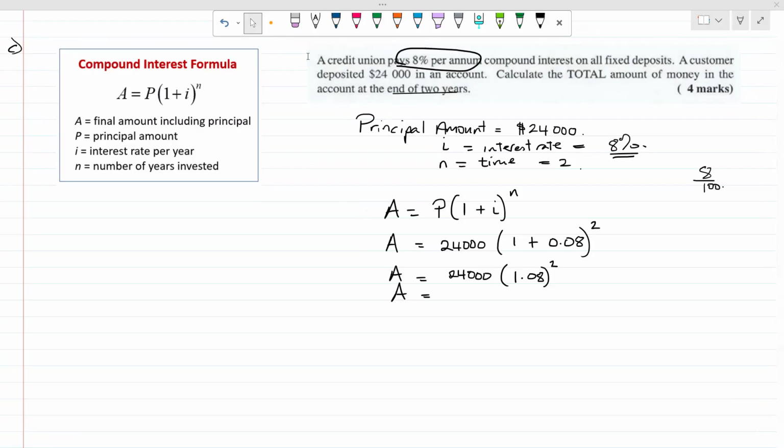Give a thumbs up if you got it. That's the amount.